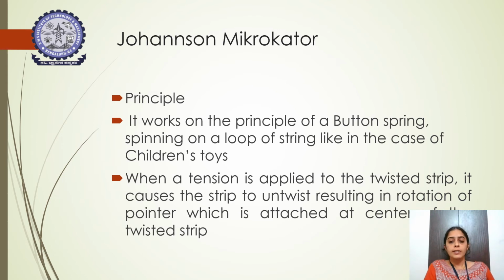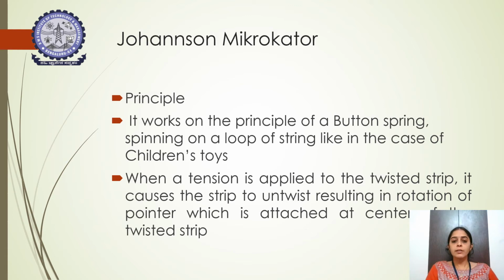The dial indicator diagram was also shown, and now next is the Johansson Mikrokator. This is the second type of mechanical comparator being used. Now we have to understand the principle behind the Johansson Mikrokator. It works on the principle of a button spinning on a loop of string, like in the case of a children's toy.